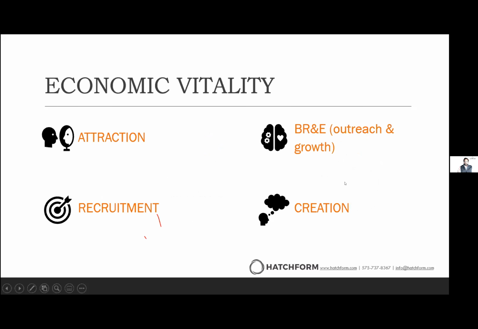So we're going to look at four broad buckets: attraction, recruitment, outreach and growth, which we're calling BR&E, or business retention and expansion, and then creation.